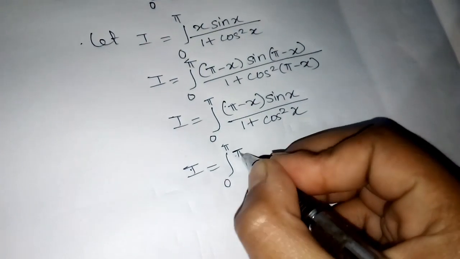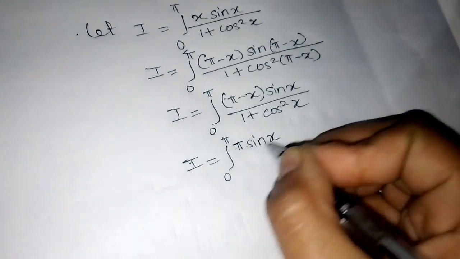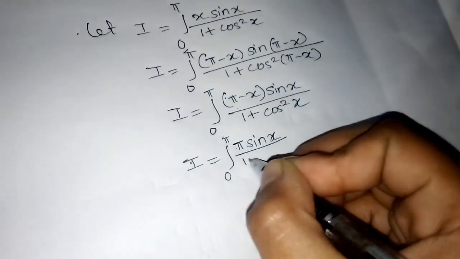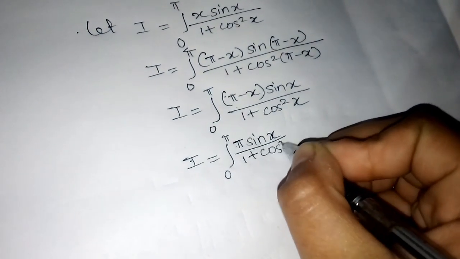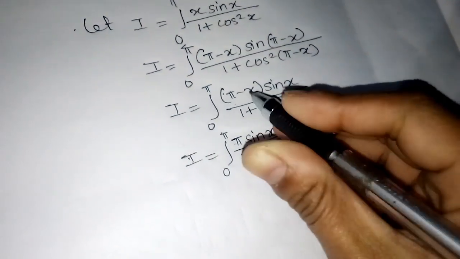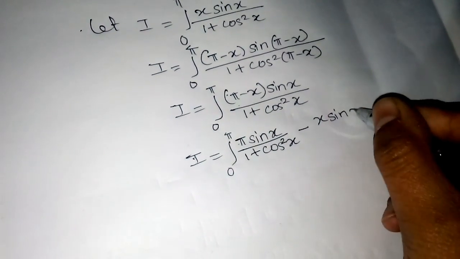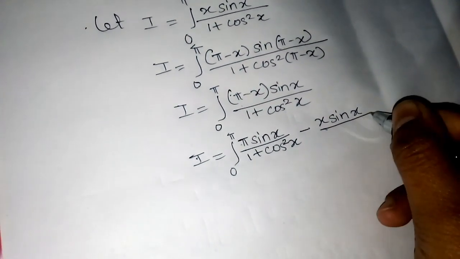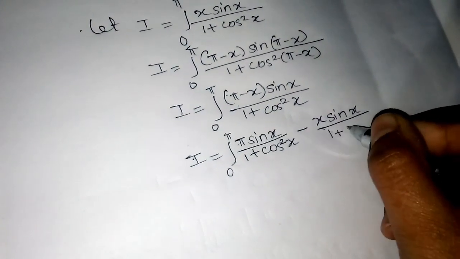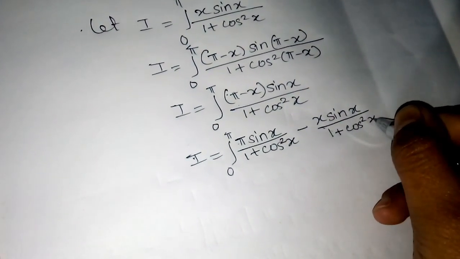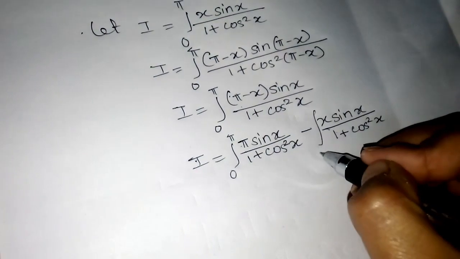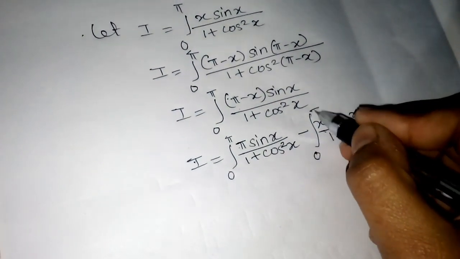So we have pi sin x upon 1 plus cos square x, then minus x sin x upon 1 plus cos square x, along with its integration sign, which is 0 to pi.